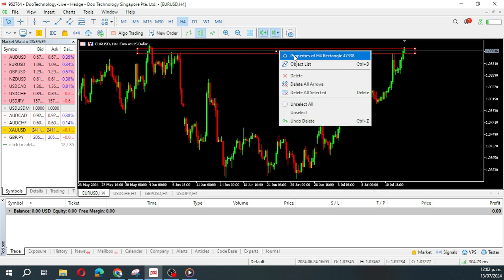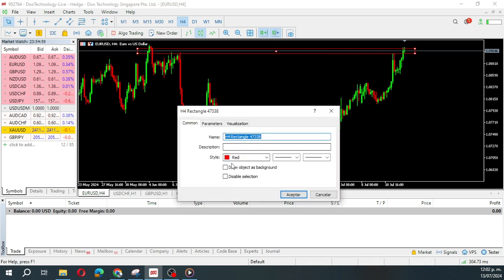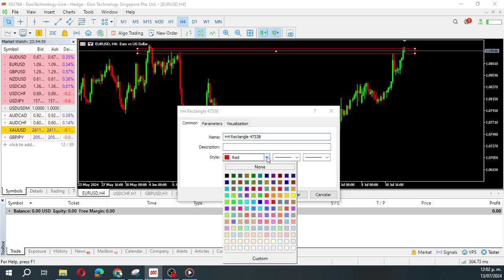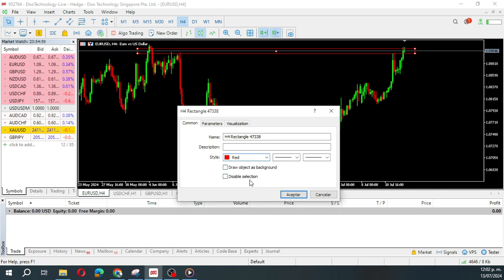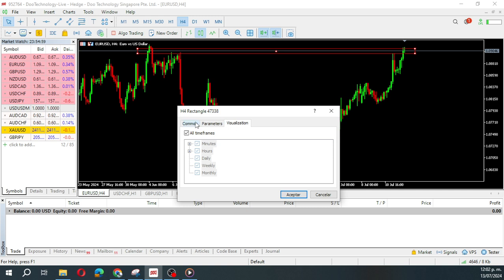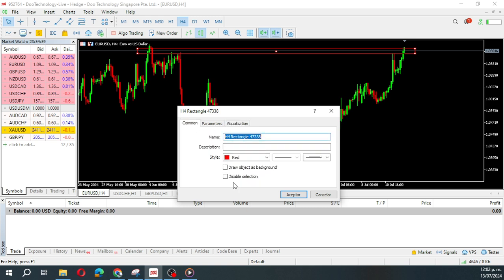Right click, properties of this rectangle. Because it's a resistance, maybe I want to draw it, okay, red is a good color. Parameters, visualizations, all time frames. Okay. Something like this.